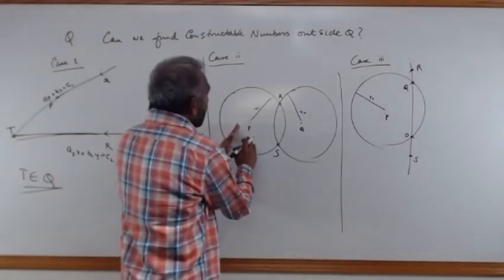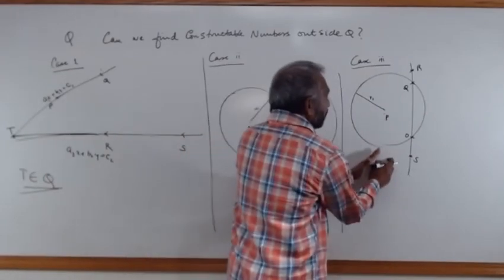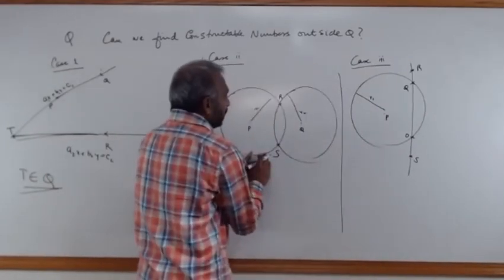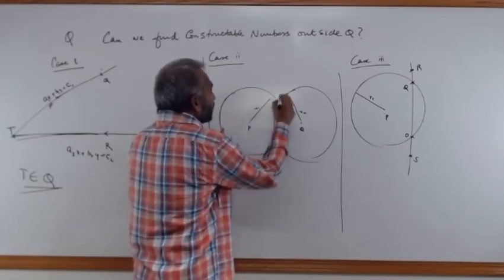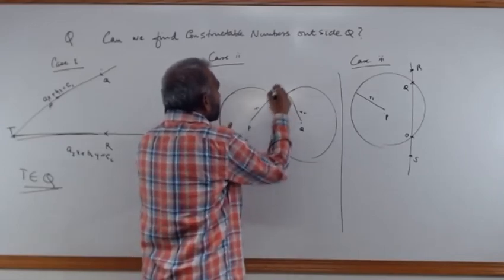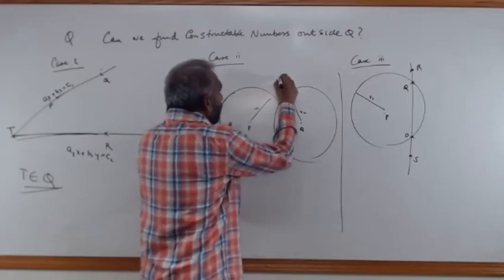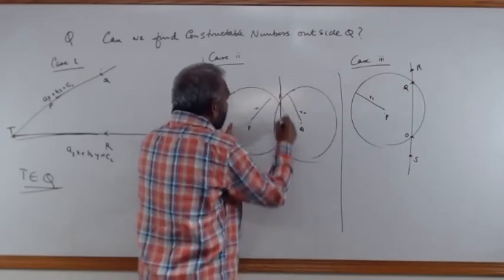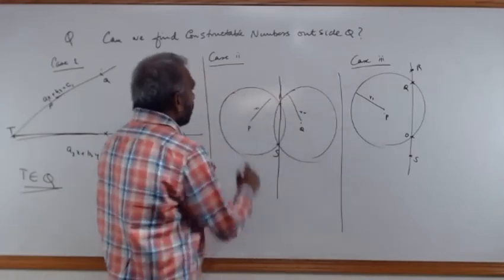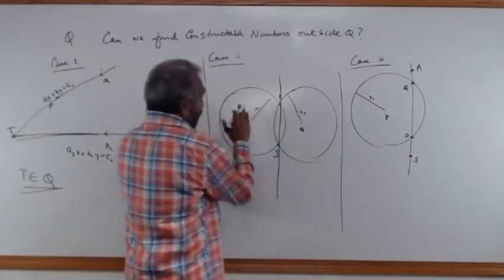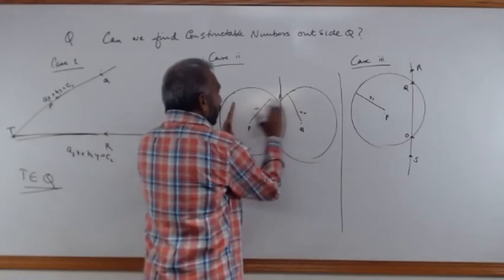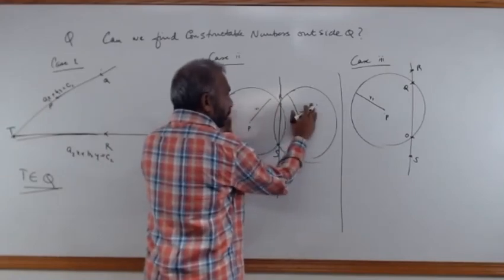This situation can be reduced to this situation because these 2 points are same as this circle intersected by this line. So you can reduce, see here also we are going to solve these 2 equations.